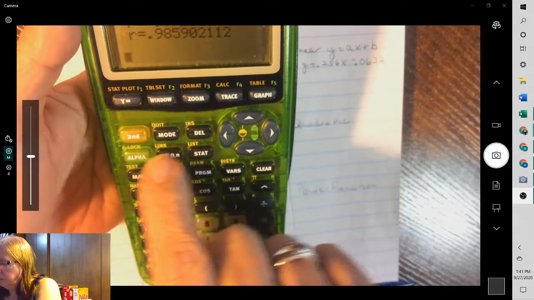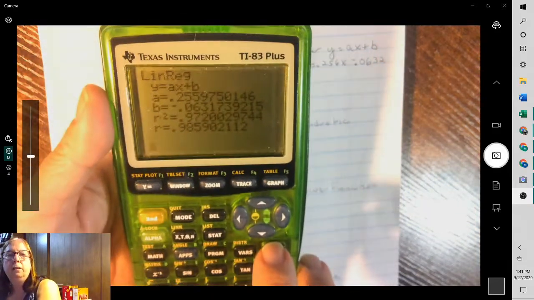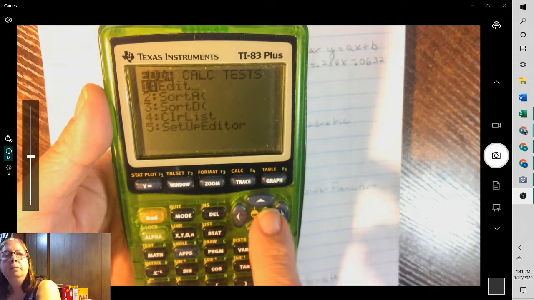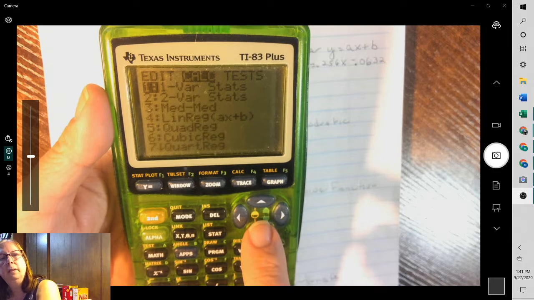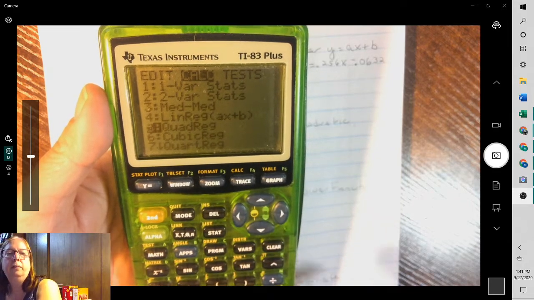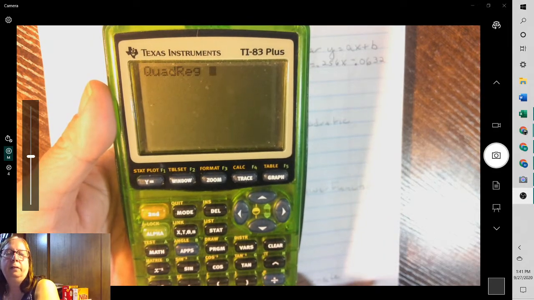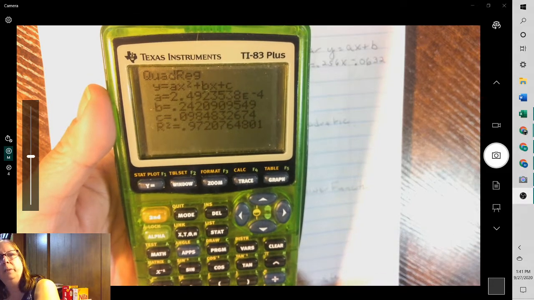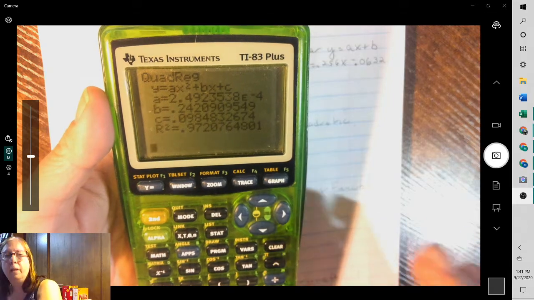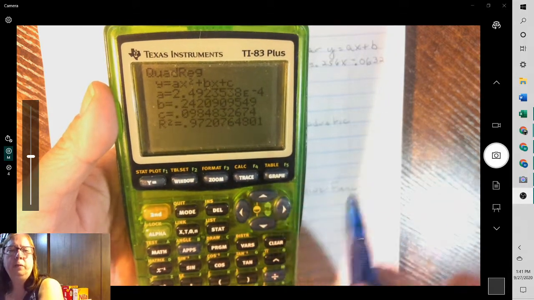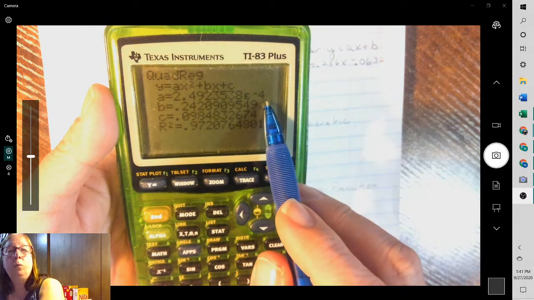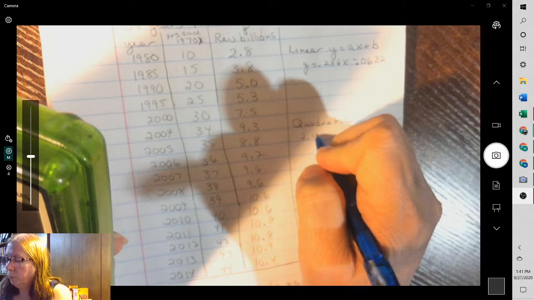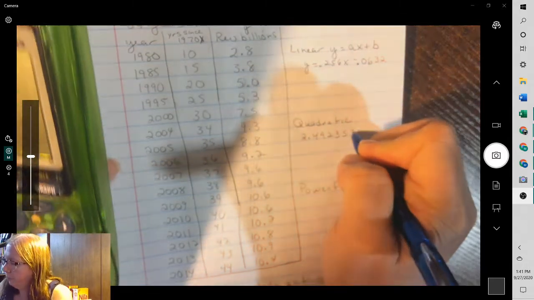The quadratic one, let me clear my screen. You go into Stat, you go over to Calc, and then see the quadratic right under the linear. And we hit Enter. And notice it's ax squared plus bx plus c. So our first one, which also you want to be careful because of the 10 to the negative 4, was 2.4923538.